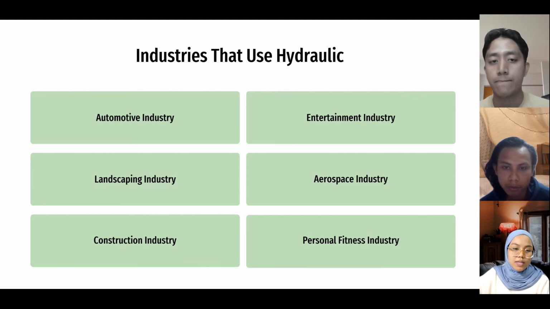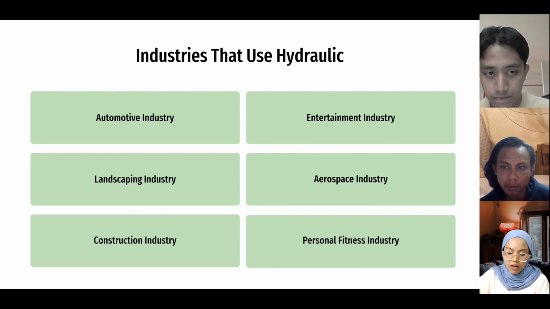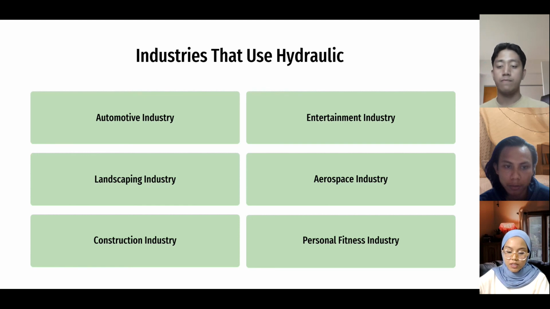And then the aerospace industry. Takeoff and landing gear are examples of hydraulic equipment. The last one is the personal fitness industry, such as gyms, where the gym machines you work out on use hydraulic cylinders to increase resistance.